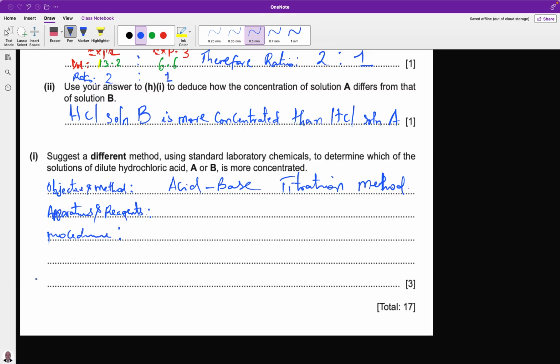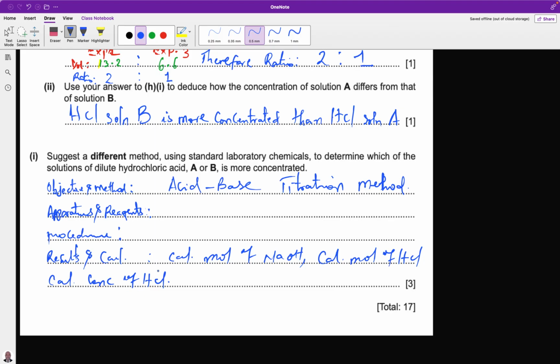Then results and calculation. You can mention here: calculate moles of sodium hydroxide, calculate moles of HCl, calculate concentration of HCl.